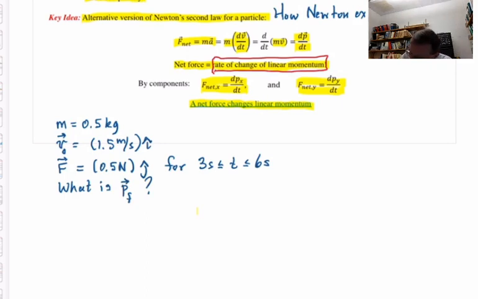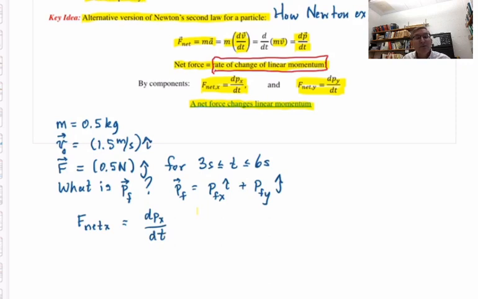Well, that means I have to find p final x component and multiply that by i hat, and p final y component and multiply that by j hat. And how do I find p final x and p final y? The new version of Newton's second law: F net x equals dpx dt.